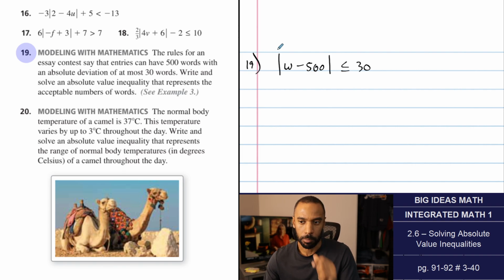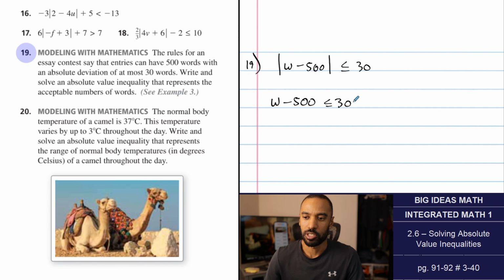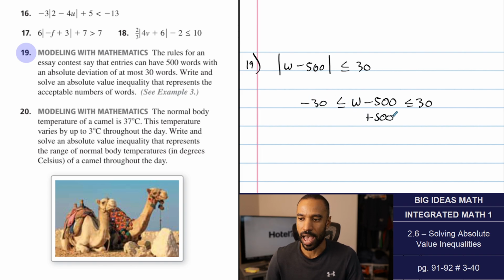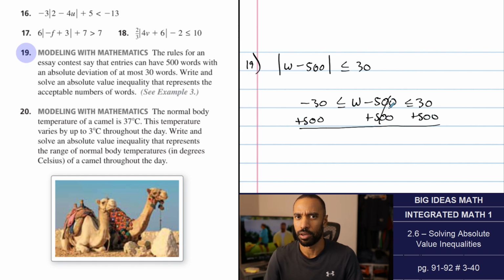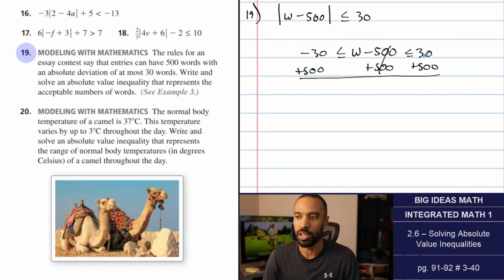Now, there are other ways that you can probably make more sense of that, and you can still get the same kind of answer. To be between these, we have to be between negative 30 and positive 30 from there. So when I add 500, and remember, this is what I did with section 1.4, it's not so much 30 plus 500, negative 30 plus 500. This is 500 plus 30 and 500 minus 30, right?